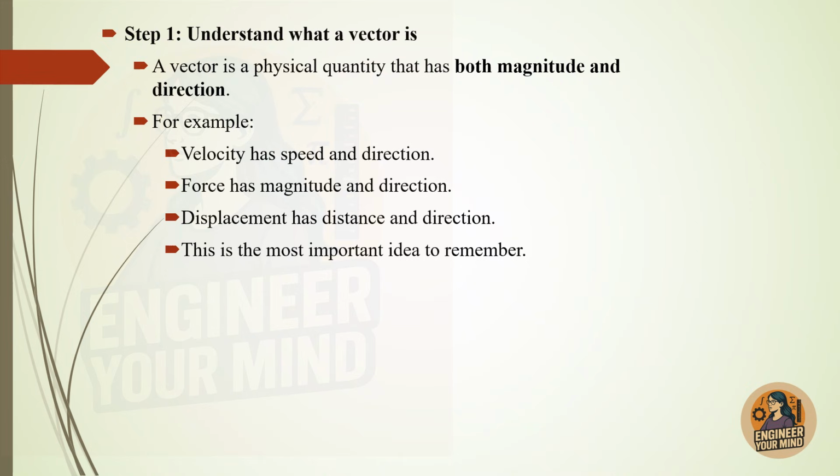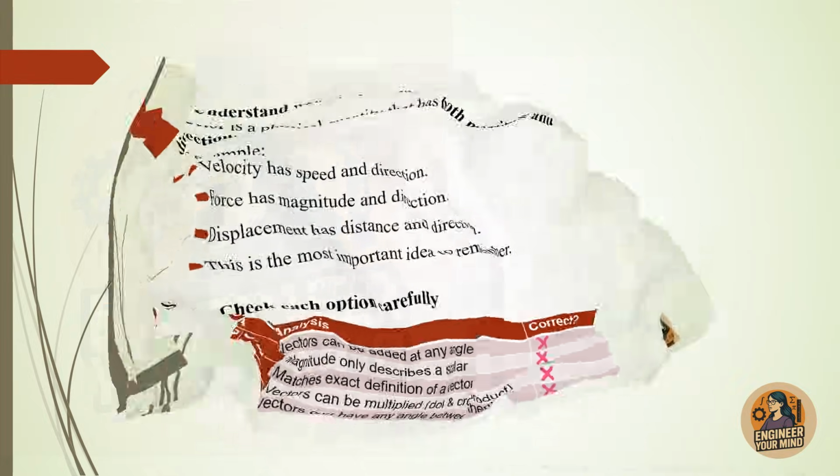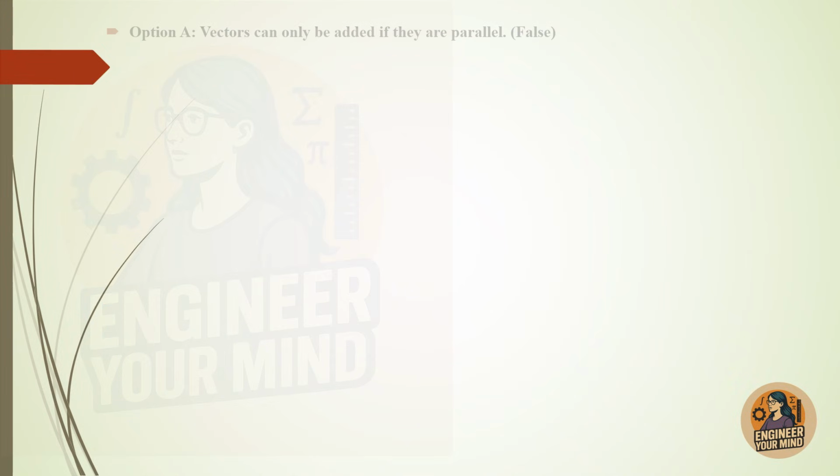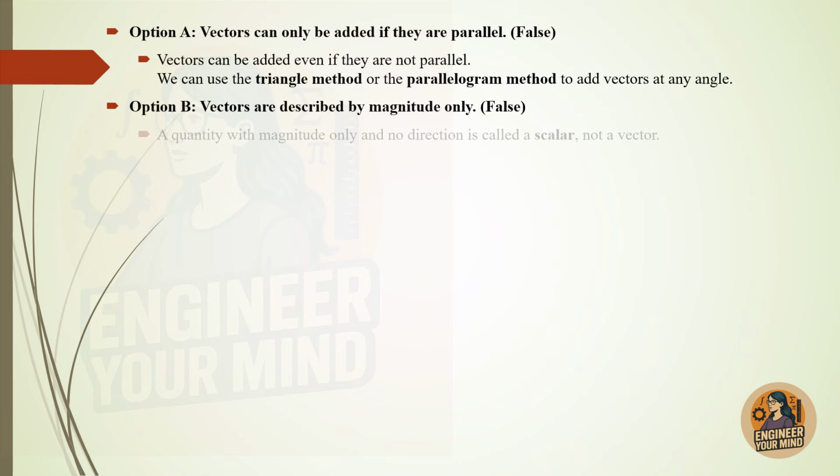Now let's check each option carefully. Option A. Vectors can only be added if they are parallel. This is incorrect. Vectors can be added even if they are not parallel.